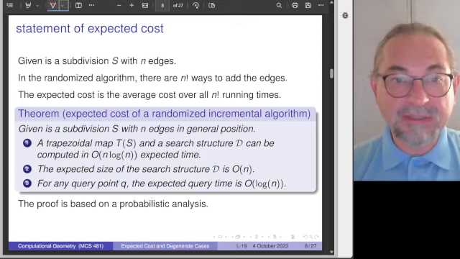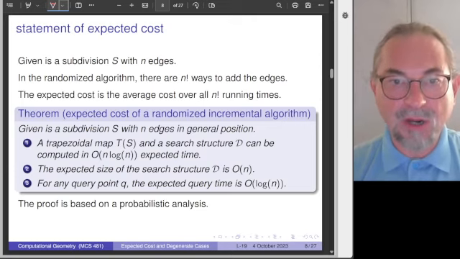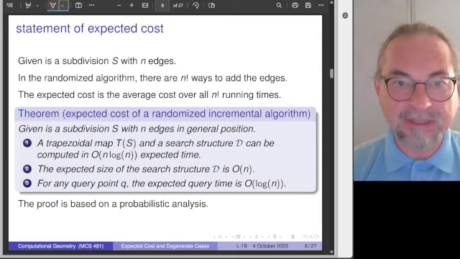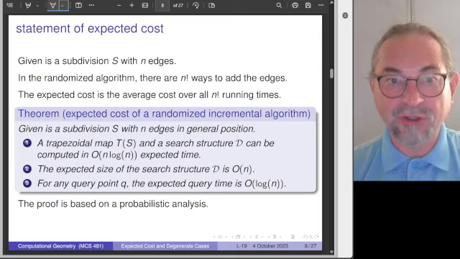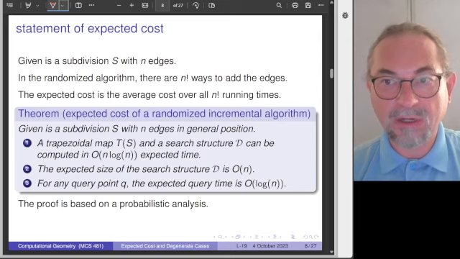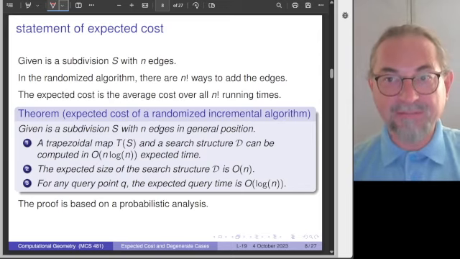So here you see the expected cost. So the algorithm is expected to give you a trapezoidal map and a search structure computed in n log n time. You have the main loop n, and then you have the logarithmic search that happens each time.